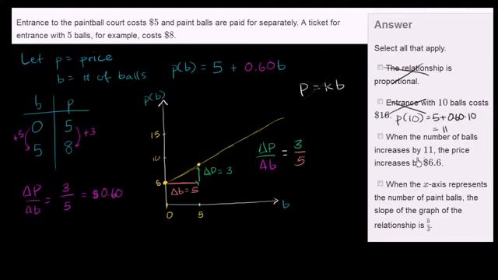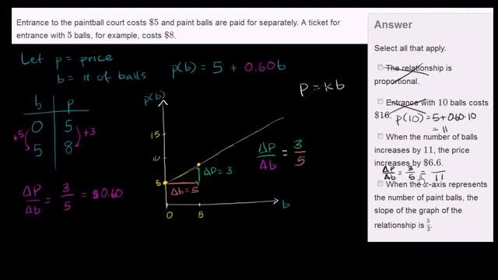When the number of balls increases by 11, the price increases by $6.60. So remember, the change in price over the change in the number of balls is always going to be equal to 3/5. And so they say the number of balls increases by 11.